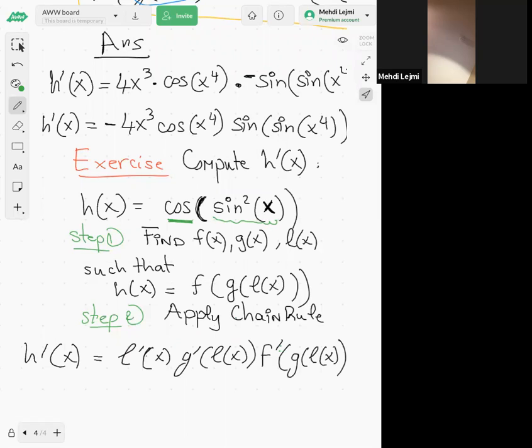We are almost done with this section 2.5.